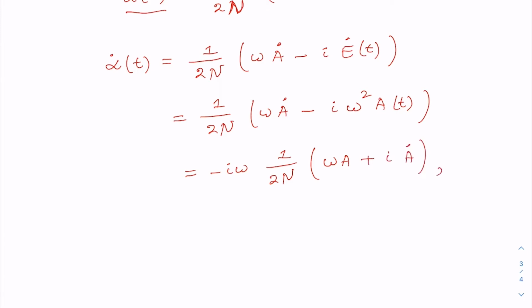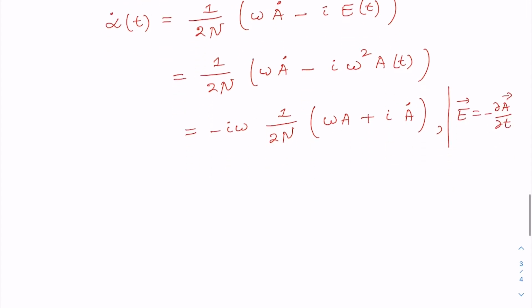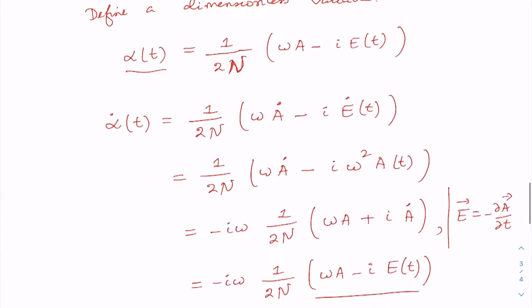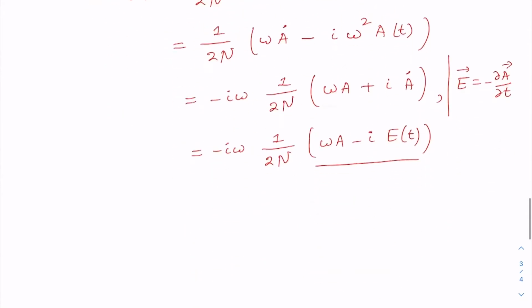Now recall that E is equal to, earlier we wrote it as, minus del A del t. I can utilize this here, and then I will be able to write it as i omega times 1 by twice N omega times (omega A minus i E(t)). So this whole thing is nothing but alpha(t).